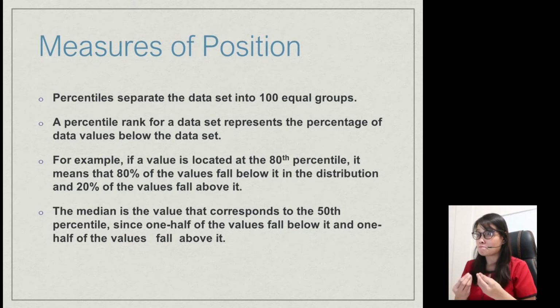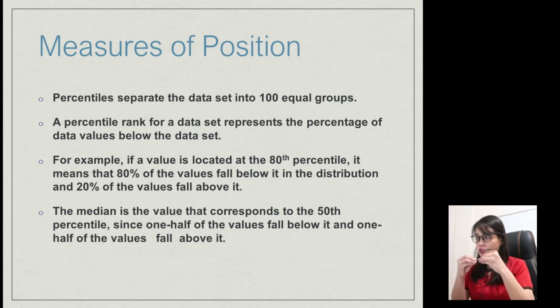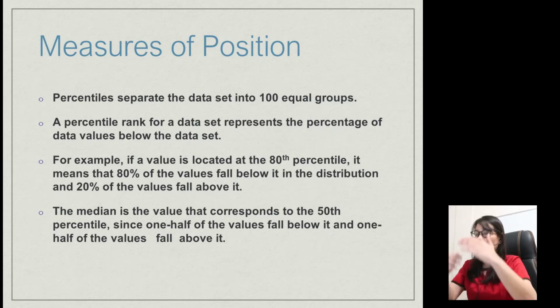So that's the percentile rank. What is the interpretation of the 80th percentile? 80% below and 20% fall above it.